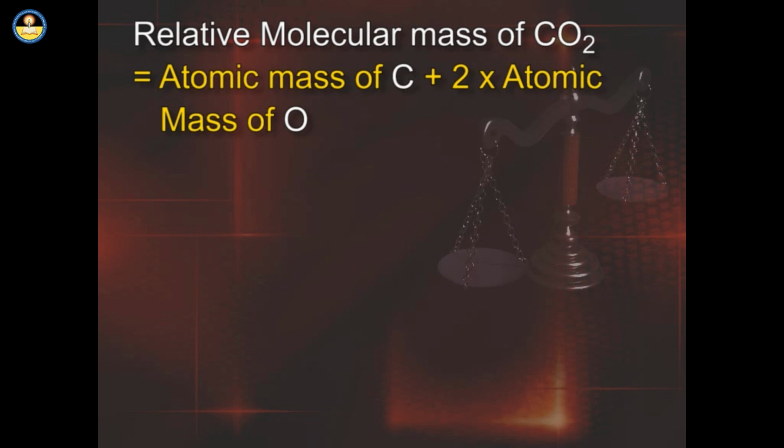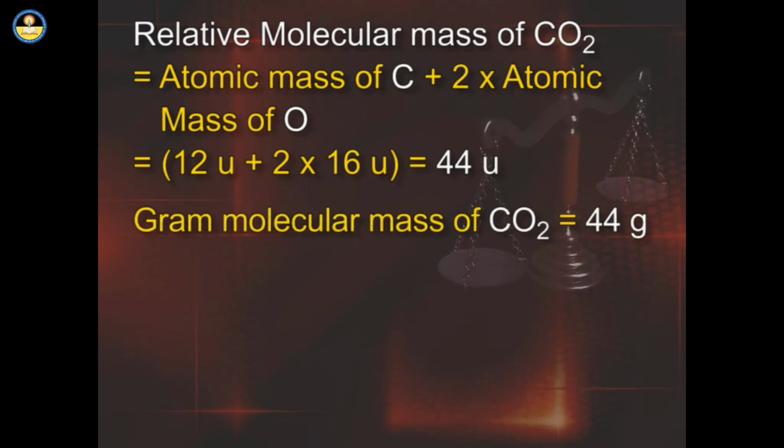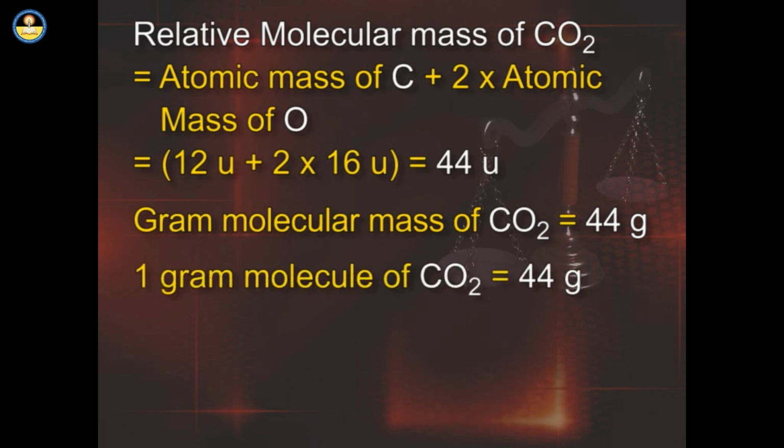We know that relative molecular mass of carbon dioxide is equal to atomic mass of carbon plus 2 multiplied by atomic mass of oxygen, which is equal to 12U plus 2 multiplied by 16U, that is 44U. Gram molecular mass of carbon dioxide is equal to 44 grams. 1 gram molecule of carbon dioxide is equal to 44 grams.